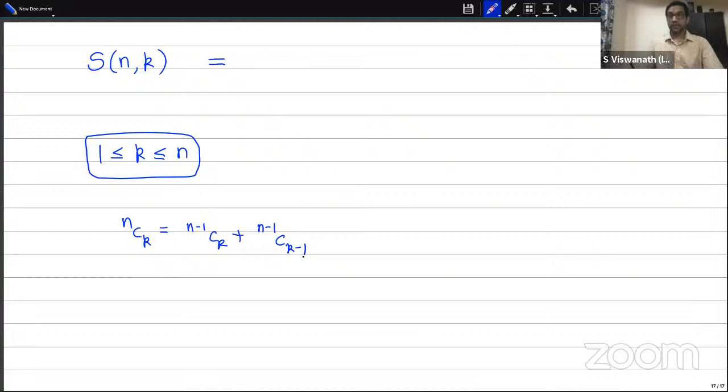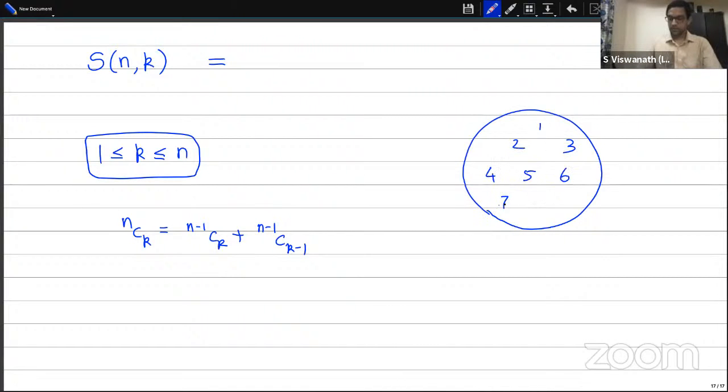Now something similar actually works in this case. What does S(n,k) mean? It says take the numbers 1 to n, and try and partition it into k blocks. The number of ways of doing it is my value S(n,k).